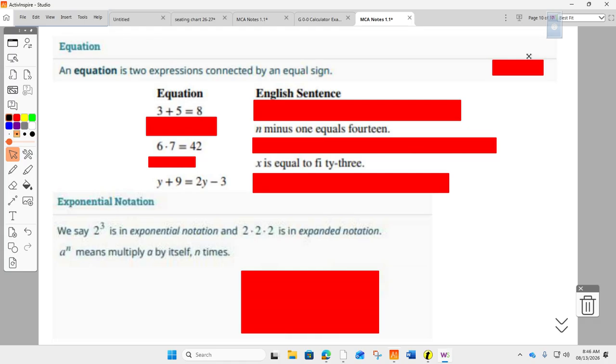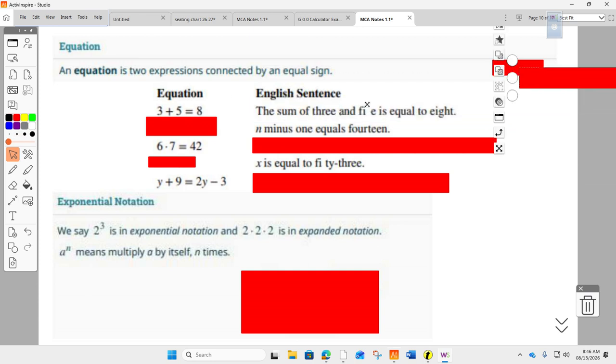So this little section, we are reviewing translating from numerical equations to sentences, or verbal expressions. So you only are going to write the bottom one. These examples are in your textbook. But 3 plus 5 equals 8. So we can write that as the sum of 3 and 5 is equal to 8.